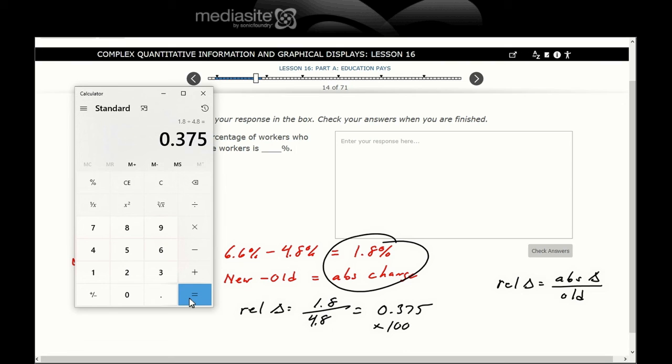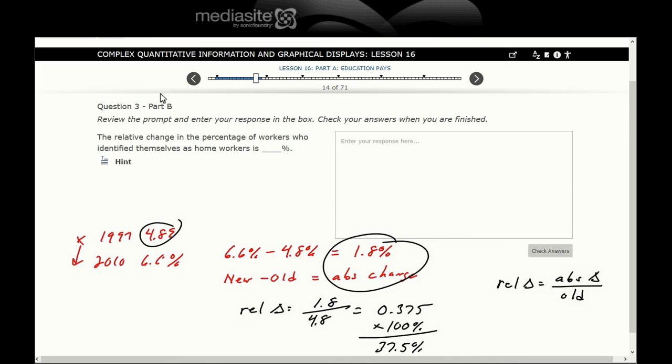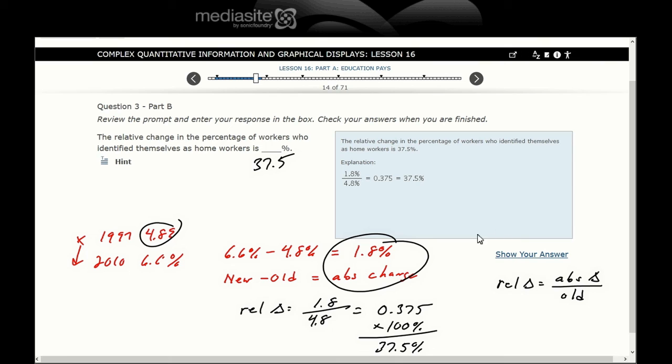Then we multiply that by 100%. 37.5 percent.